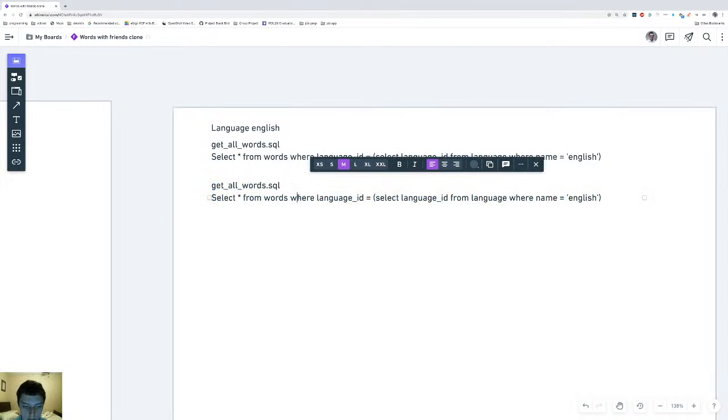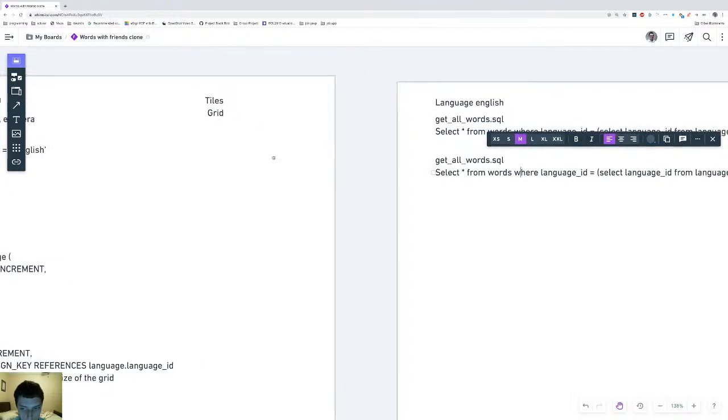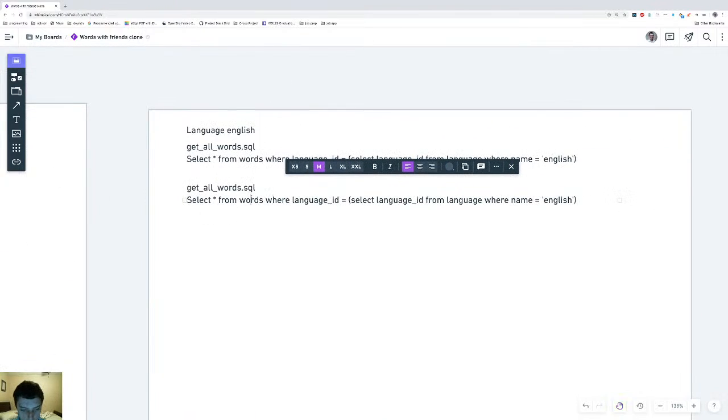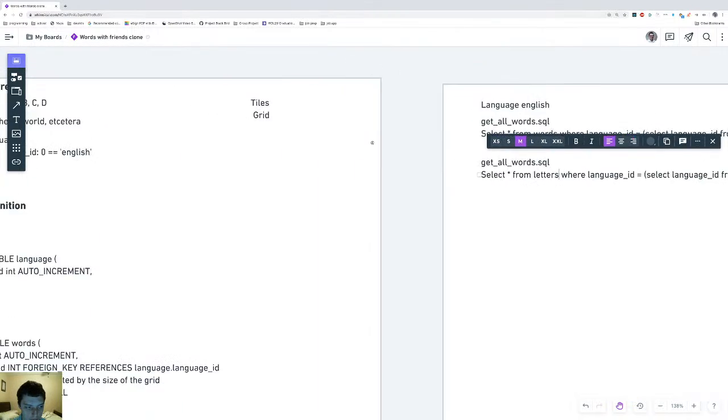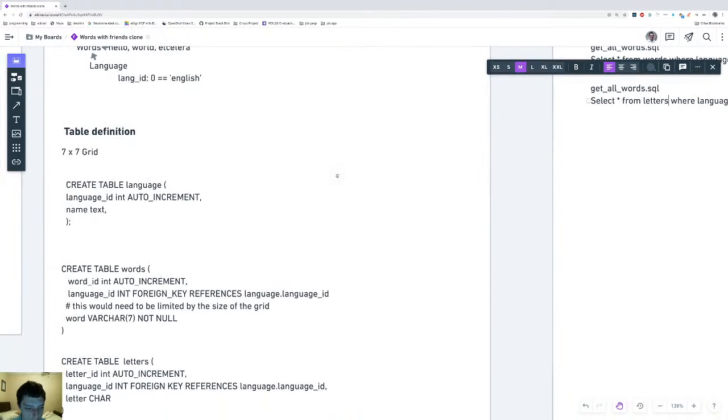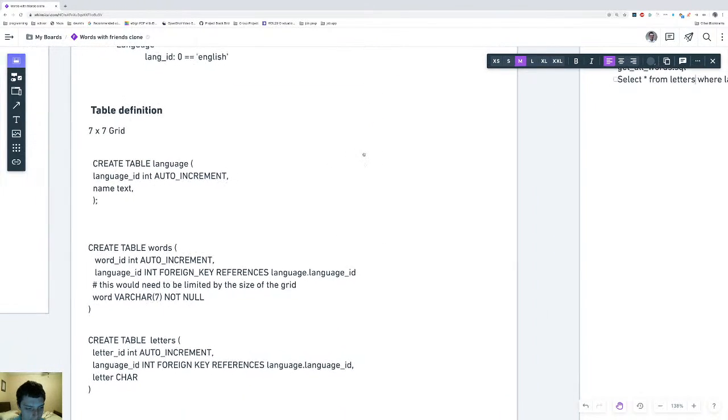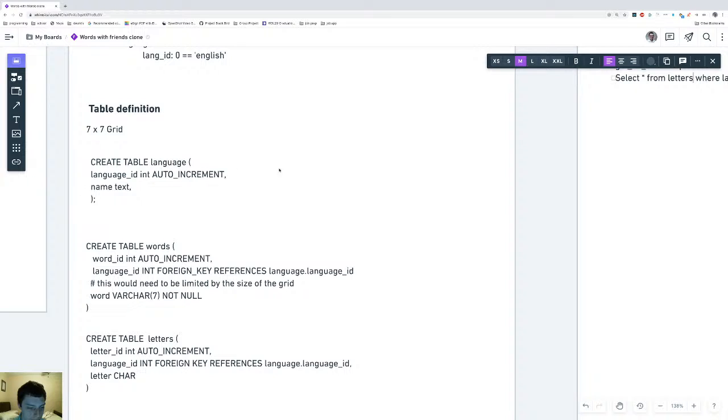Now you would do the same thing with the way I have the table set up. You would do the same thing for letters. Select star from letters, where your language ID is English. You'd have to know the language ID ahead of time though. If you did not necessarily want to store language IDs, do it in a table.